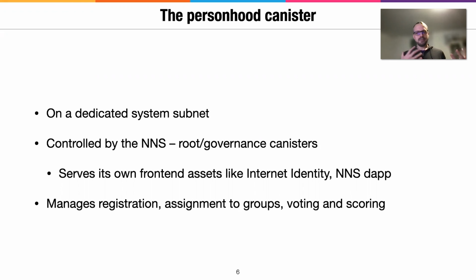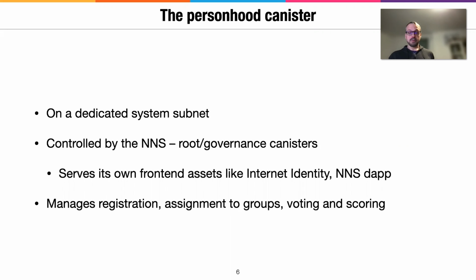That's important for decentralization, because we want this feature to have as little reliance on any particular party as we can make do with. So that's why we decided to put it on a system subnet where we don't have to fund it with cycles, where it's paid by the overall IC infrastructure.